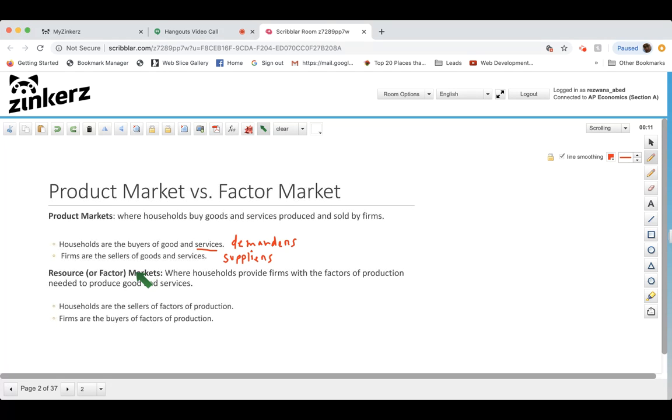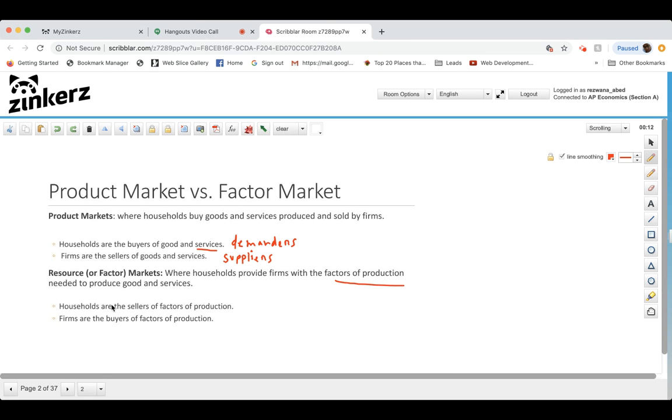But this is where we go more in depth about how supply and demand is determined in the resource or factor markets, and how that determines other things. So resource markets, as you can imagine, are where households provide firms with the factors of production that are then needed to produce those goods and services.